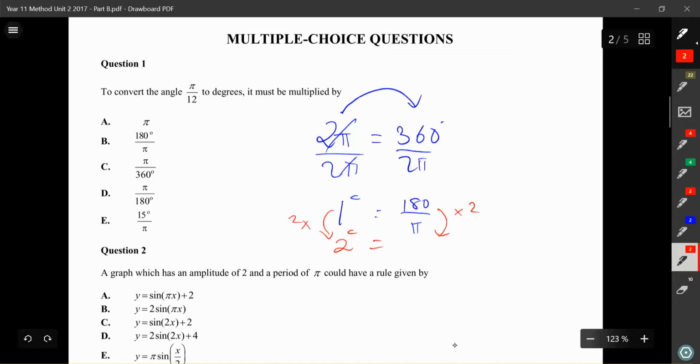I'm just double checking that I've done it right. Radians to degrees. Yes, that should be correct. 2 times 180 divided by pi.